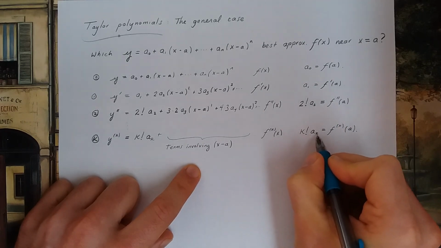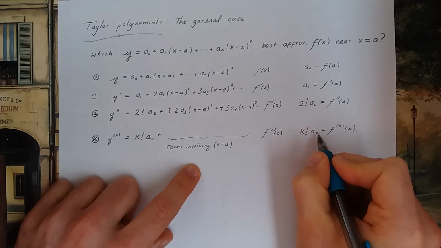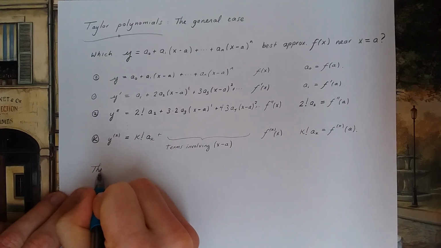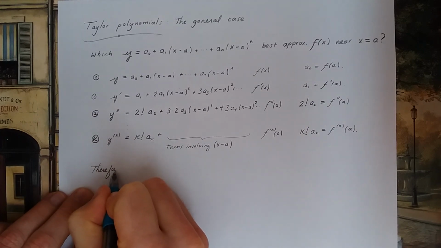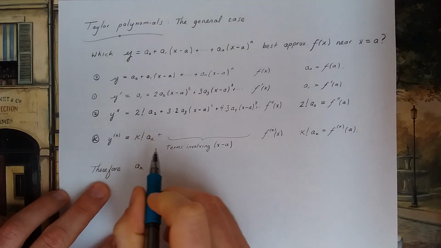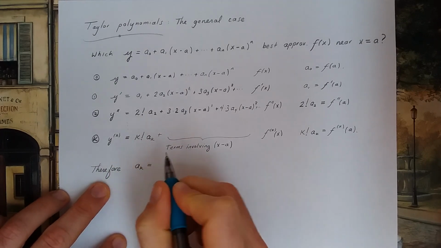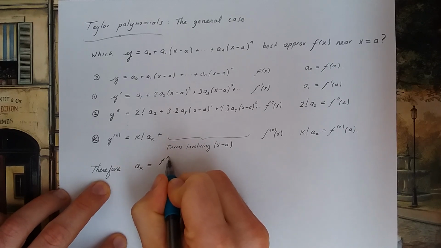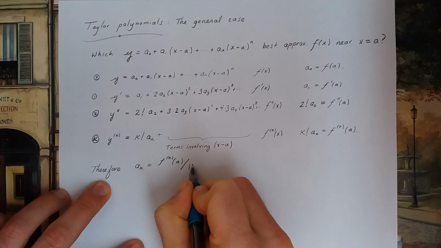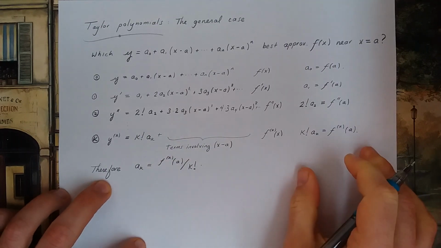So this tells me the formula for my coefficients. Therefore, I know that ak, this kth coefficient, is the kth derivative of your function divided by k factorial.